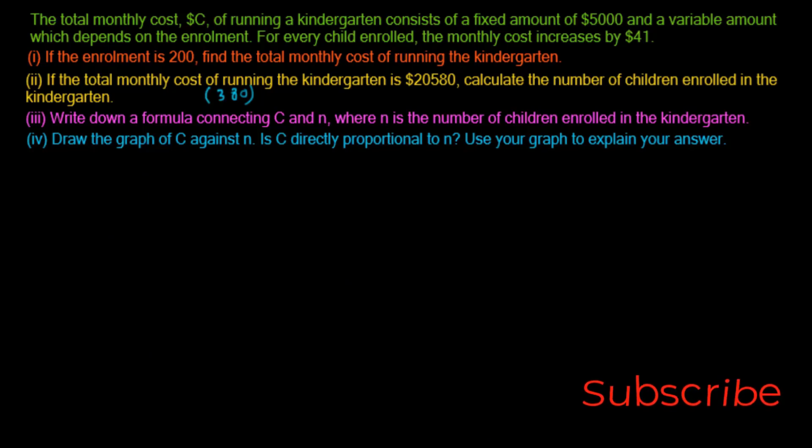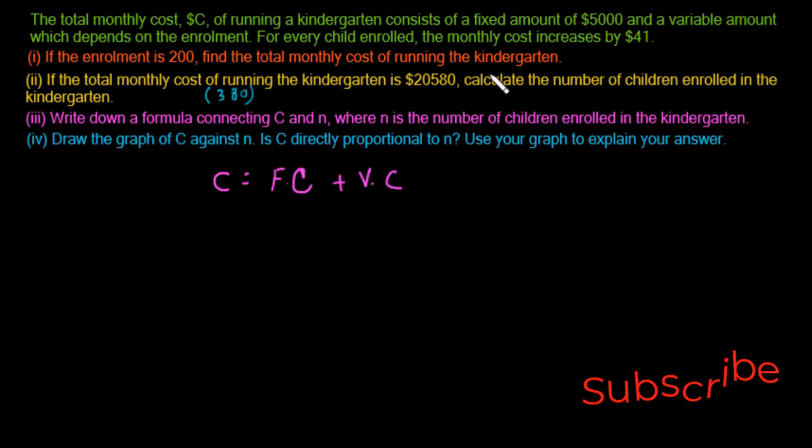Now we have part 3. In this part 3 they say to write down a formula connecting C, the total monthly cost, and L, that is the number of children enrolled in the kindergarten. It's so simple, as earlier in this solution I came to know that the total monthly cost C is equal to fixed cost plus variable cost.